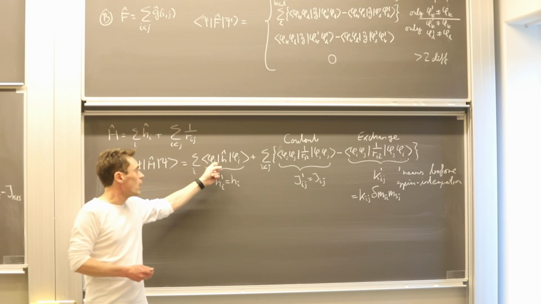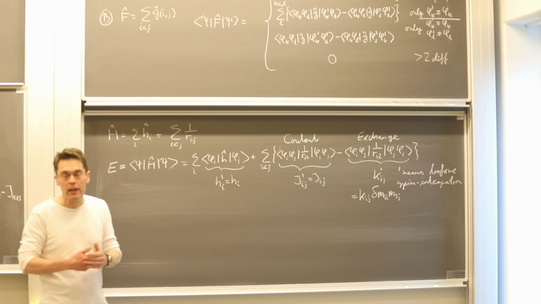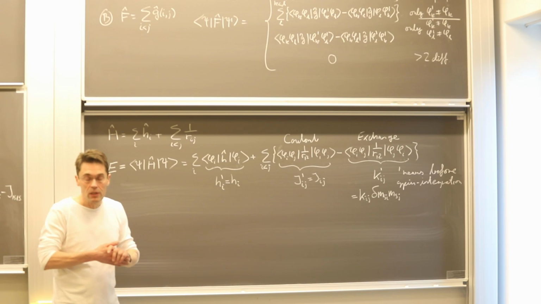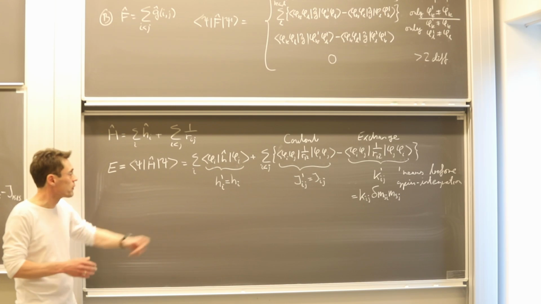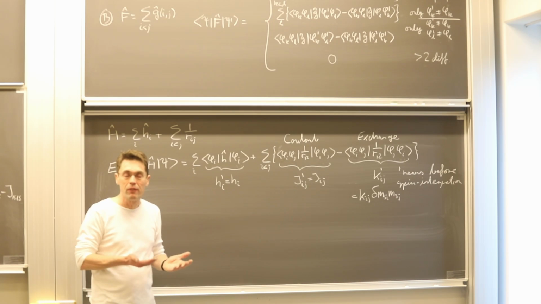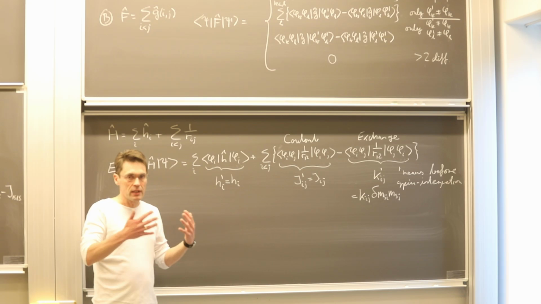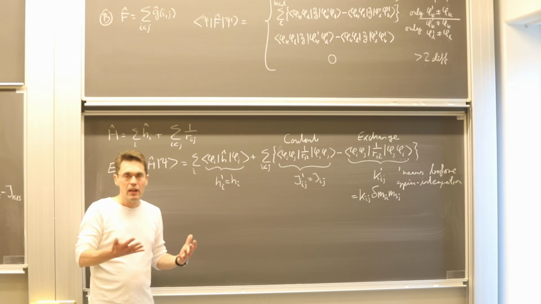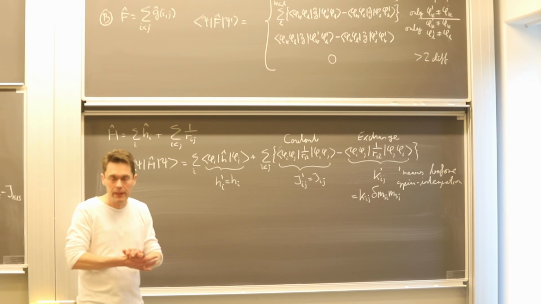We have to find the best single body operators, and we do this by this functional analysis, where we take the functional derivative of the energy here with respect to these orbitals, and then we set that functional derivative equal to 0 and solve, and it turns out that again this will provide a set of coupled differential equations. They're known as the Hartree-Fock equations. This is known as the Hartree-Fock method.